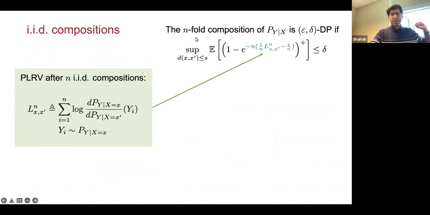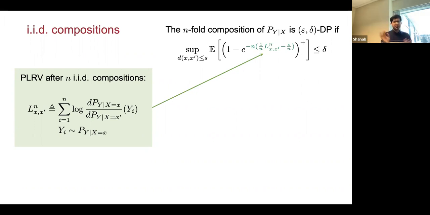Okay, so what happened is that we can say that the n-fold composition, which means the composition after n mechanisms, of this mechanism p(y|x) is epsilon-delta DP if this expectation is smaller than delta for any pair of neighboring data sets. Okay, so all I'm doing here is just plugging this new privacy loss random variable into the definition of epsilon-delta DP.